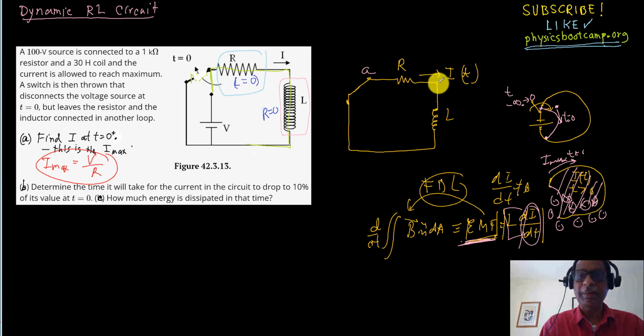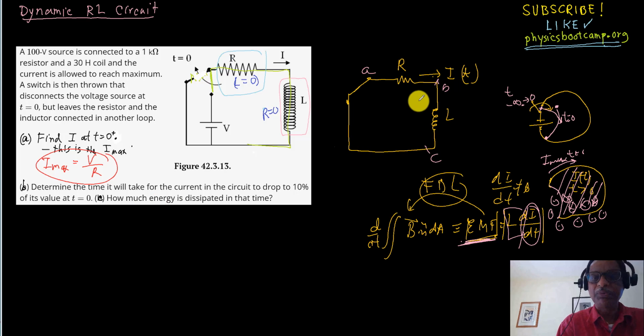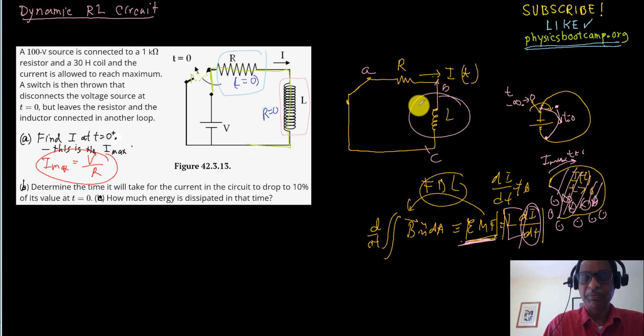If you say A to B and back to A, if you work it out, try to write Faraday law here, and this is coming from Faraday law.